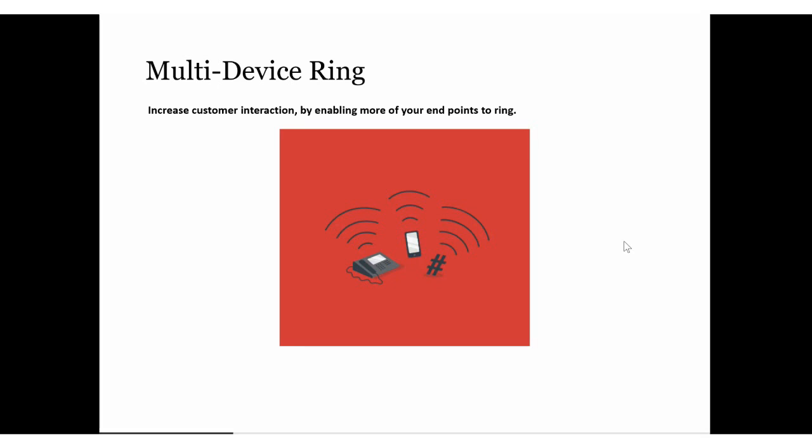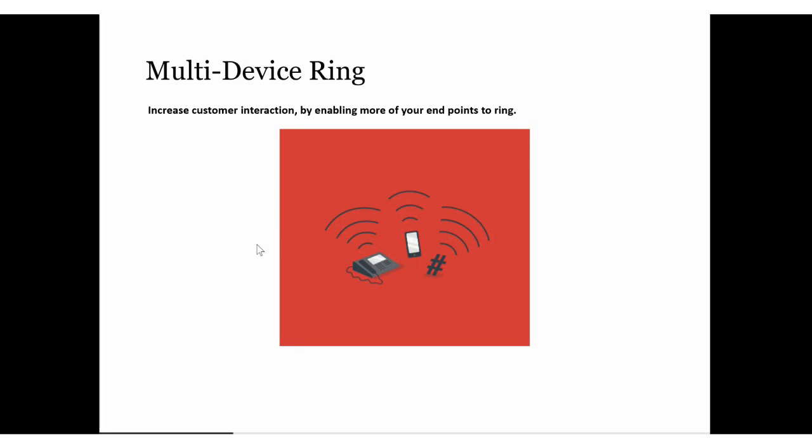It's a really useful feature, especially in the times that we're living in, when most of us are out and about. Sometimes we're not at our place of business. Sometimes we're at home. Sometimes we're in between those two places, going from home to business and vice versa. And sometimes we just do not want to miss customer calls. And this is one way to facilitate that.